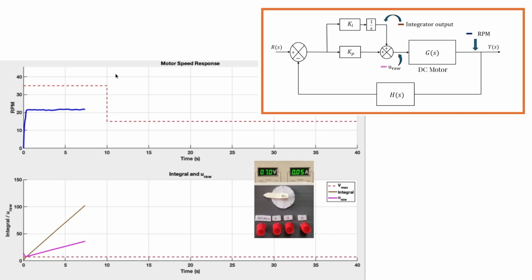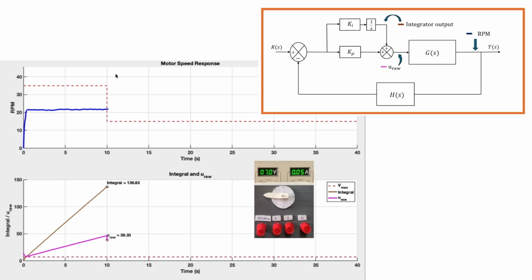Although the output of the controller is increasing and it is above the rated voltage, the output of the motor is not increasing, because the motor cannot go beyond 22 RPM. So let's keep on doing this.